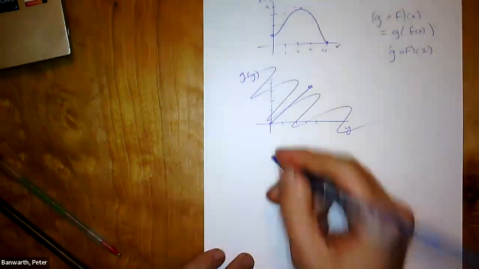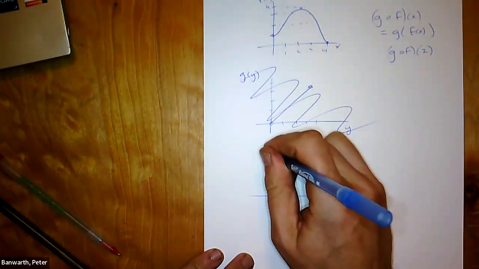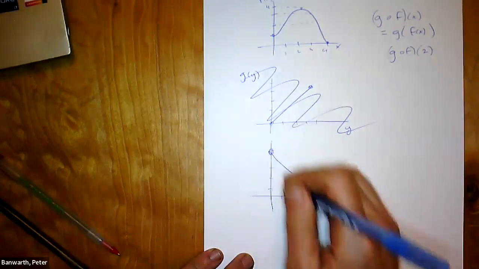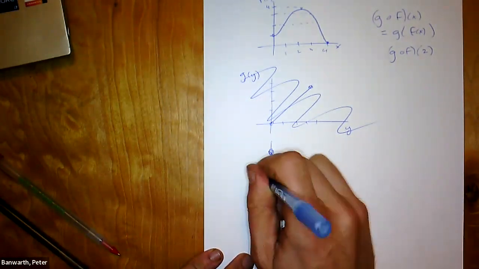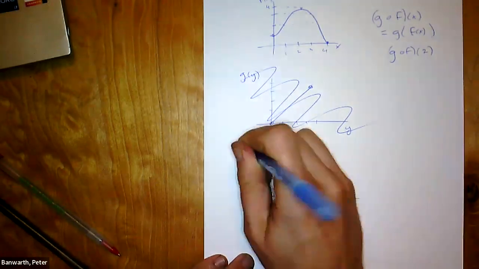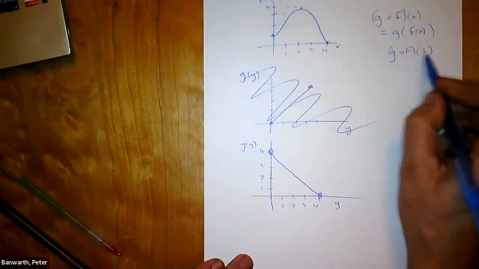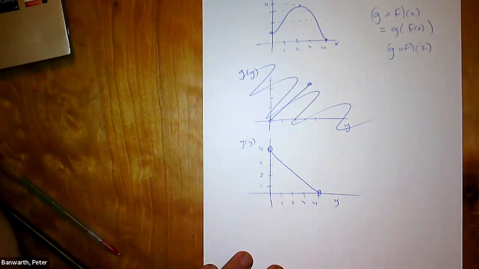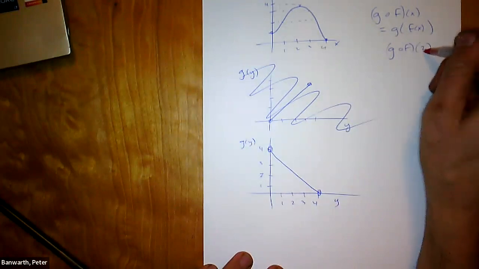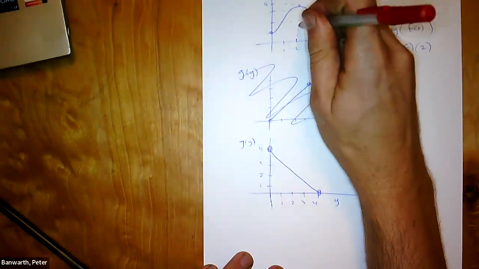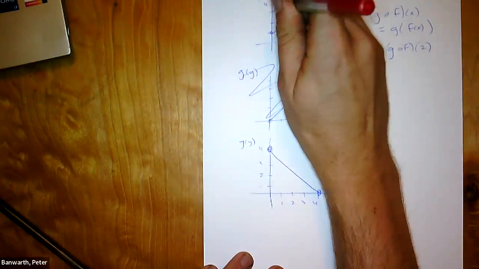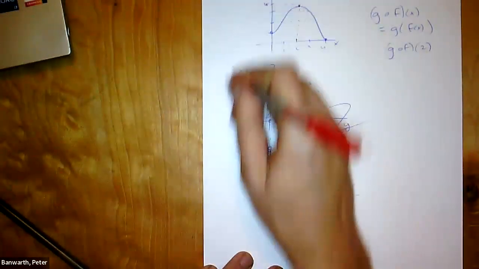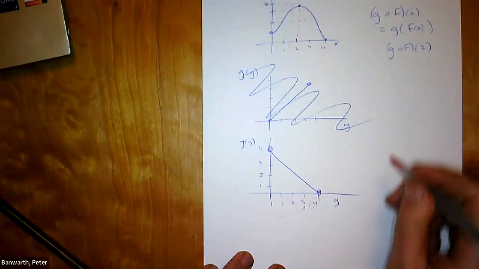I'm going to change it to this. 1, 2, 3, 4. 1, 2, 3, 4. Y and g of y. Okay, but I'm still going to do g of f of 2. So that means I start with 2 here and I trace it up and I get 4 as my intermediate output. So now I come down over here to 4, which is my intermediate output, and I get 0.